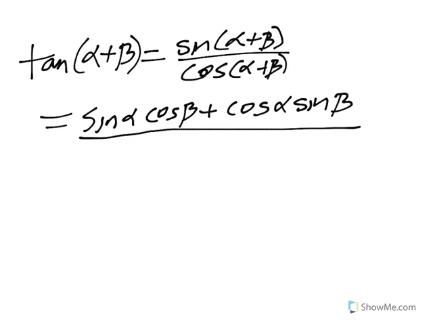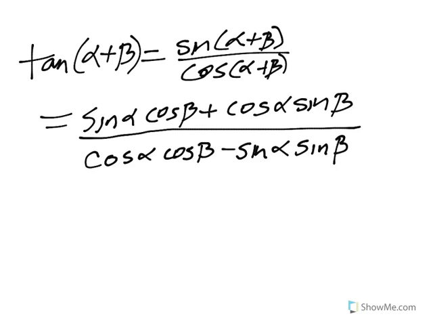And then on cosine, I've got cosine of the first, cosine of the second. But then with cosine, the plus or minus is the opposite. So it was plus inside, with alpha plus beta, so it's going to be minus here. Sine of the first, sine of the second.